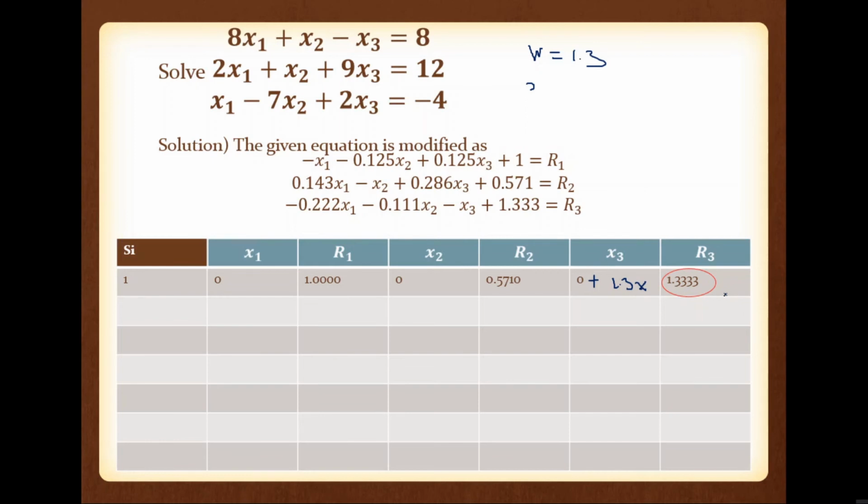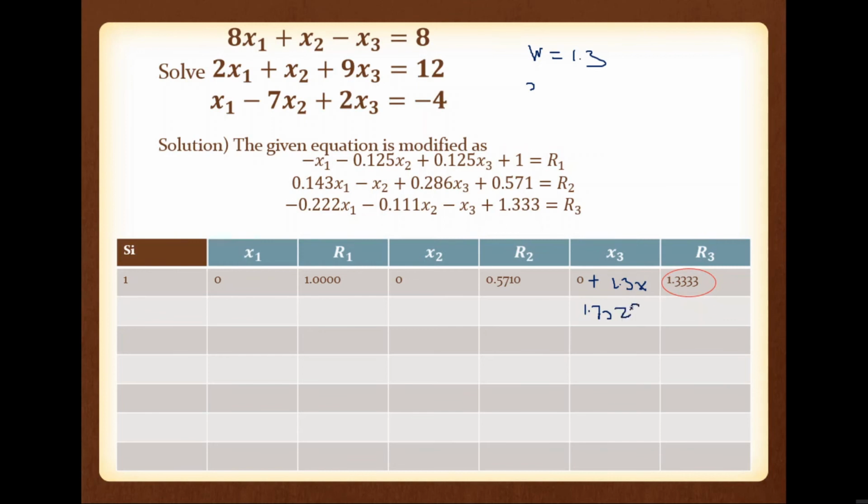Is it okay? So what is the value? 1.3 into 1.333. That is 1.7329 if you are using 4 significant digits. I am using 4 significant digits. You can use 3 significant, no problem, because this one is a solution of a linear system. So here I have 1.7329.